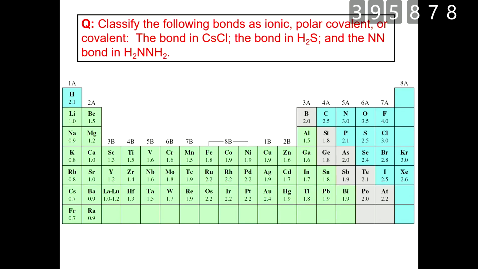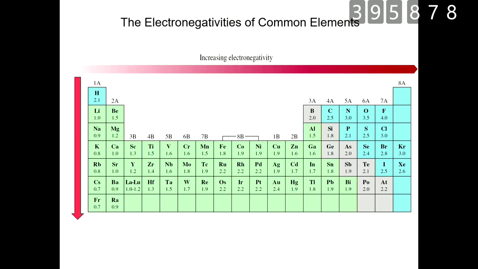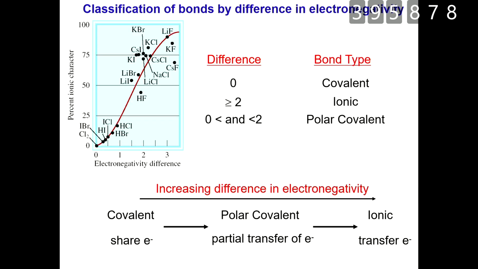We know there are electronegativity values, right? We know their values, right? We just compare the difference between their electronegativity. So, for example, if the difference is 0, what does this mean? For two atoms, the difference of electronegativity is 0. What does this mean?